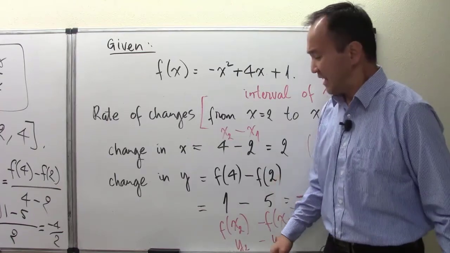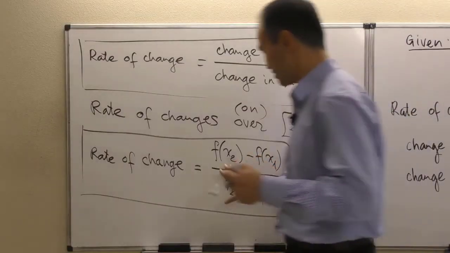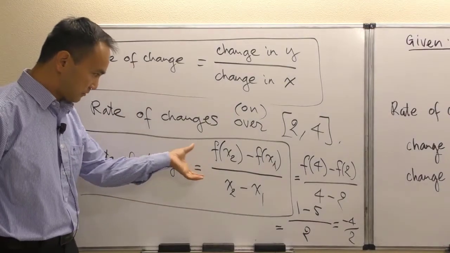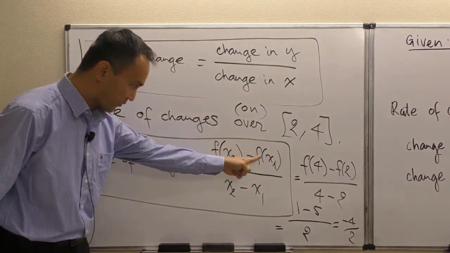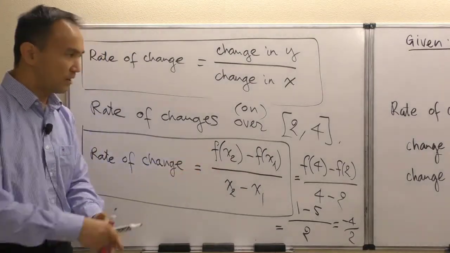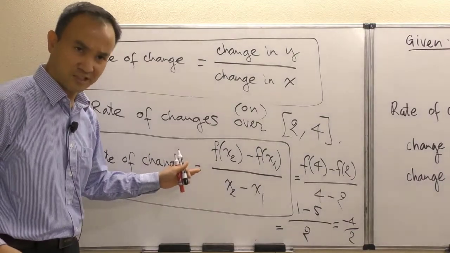Now, that same formula I just used, alternatively, see, this is the solid one: f of x2 minus f of x1 over x2 minus x1. But people can come up with some other variations of that formula. It's just a variation.